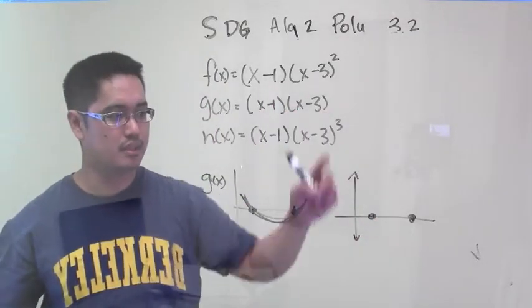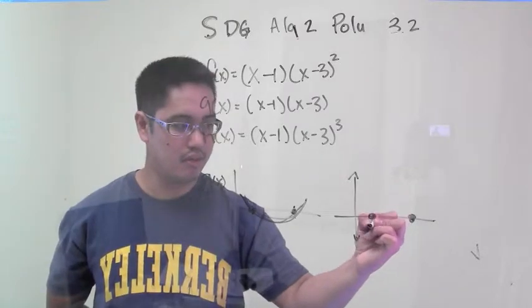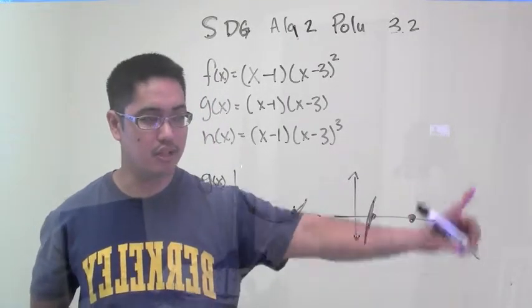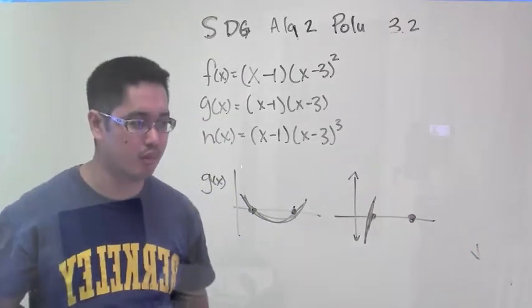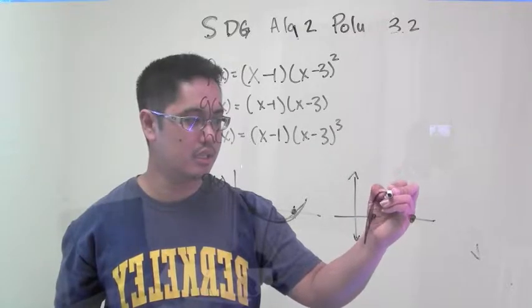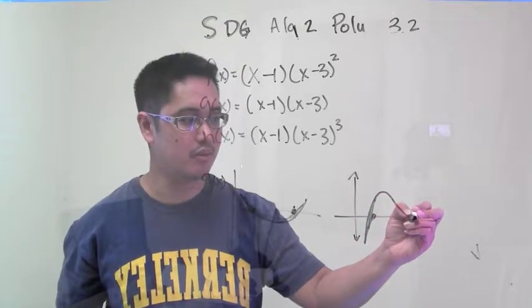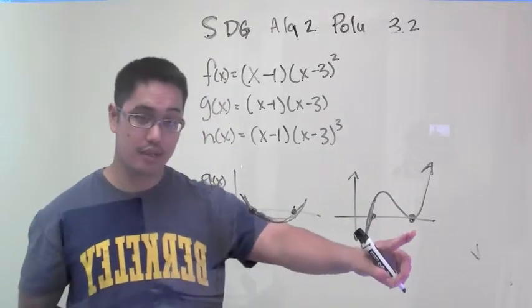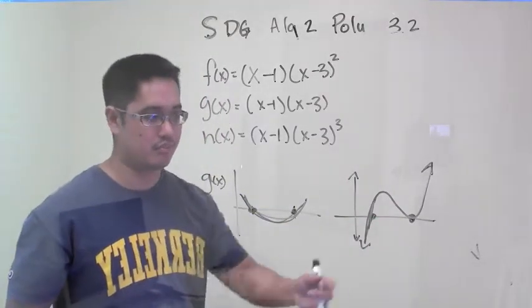Because it's 1 point and the second point right there. So the graph is going to kind of look like this. Now how can I make it go down and then come back up and only touch at that 1 point? Well, I could make it go down and kind of kiss that point right there. And then come back up. So it is technically only touching at 1 point and it's going down.